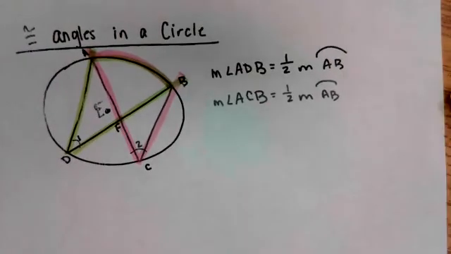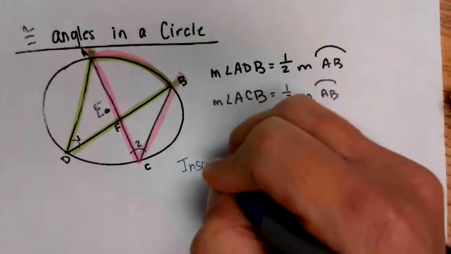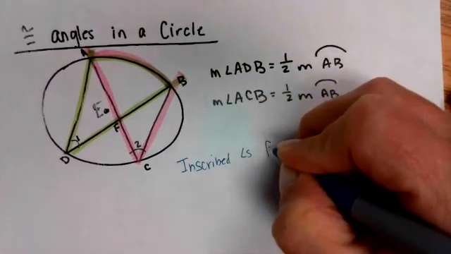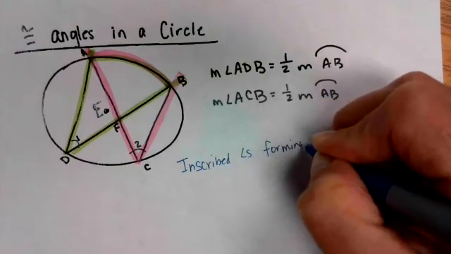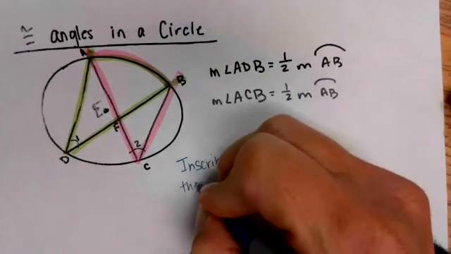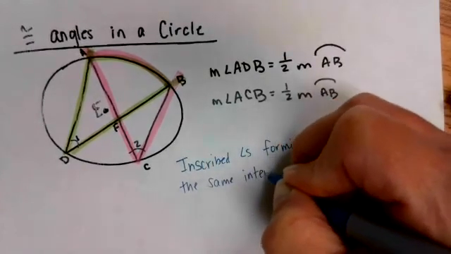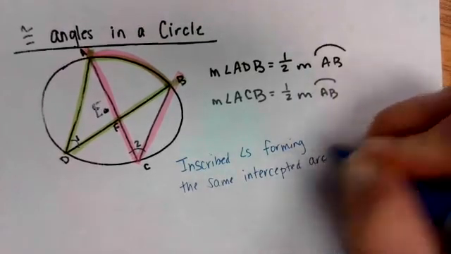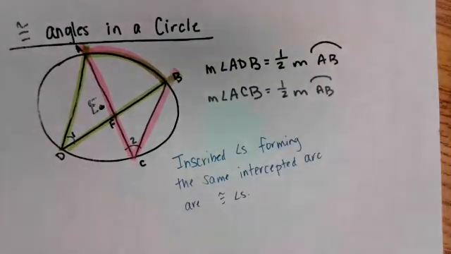So we're looking at inscribed angles forming the same intercepted arc. They're going to be congruent angles.